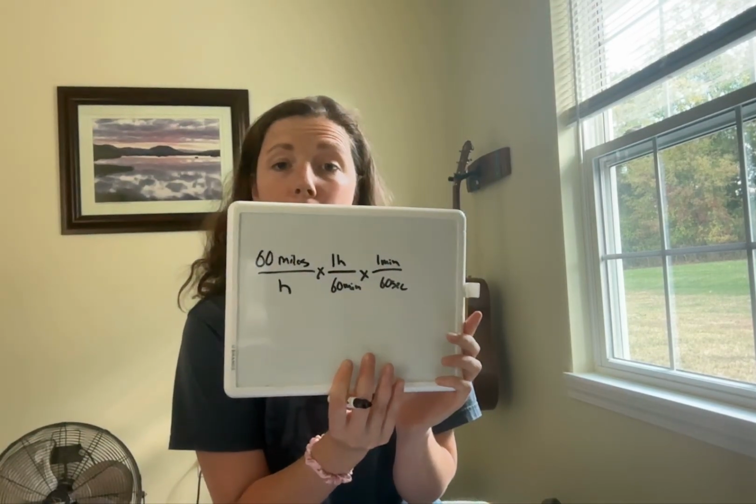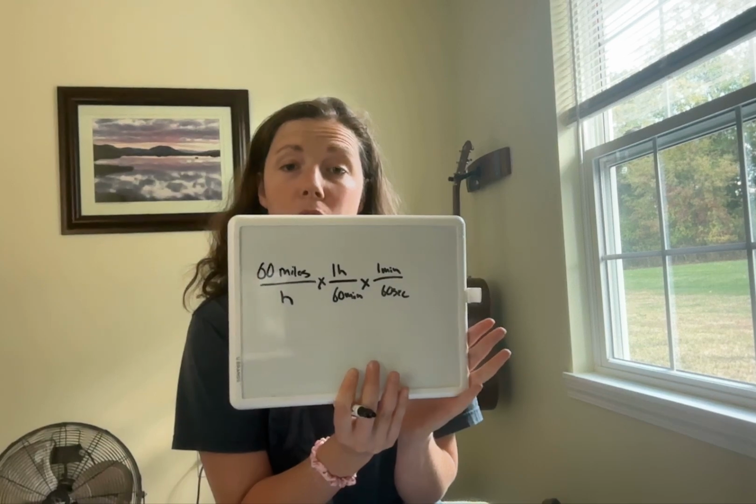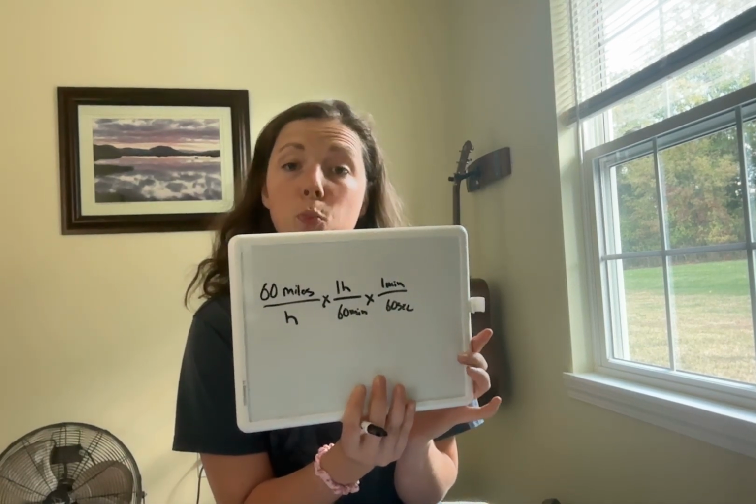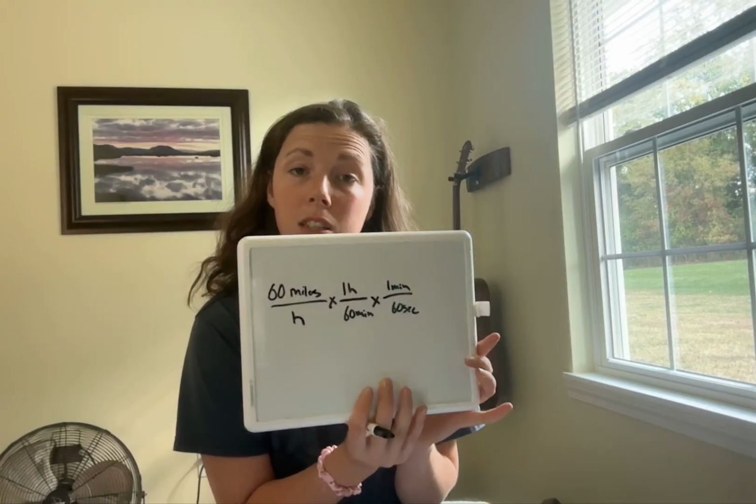And at that point, we've canceled out our units and gotten to seconds, but we're still in miles per second. So we need to get from miles to meters. So we can look up how many meters are in a mile and use that as a conversion factor. 1609.34 meters per mile.